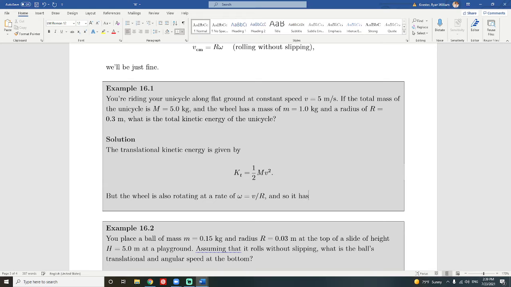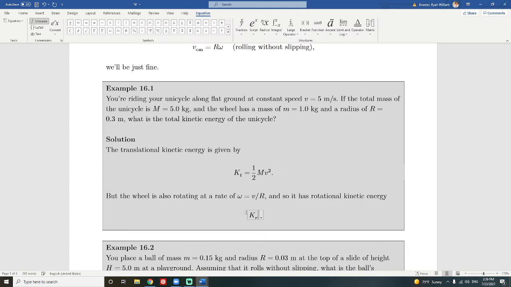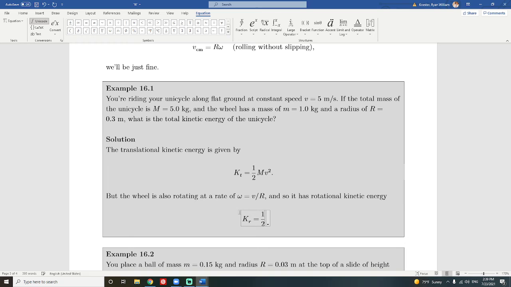And so it has rotational kinetic energy, K sub R, right, by our convention for the notation. And it's just 1/2 big I omega squared. Now, for a wheel or a tire, especially a bike or unicycle tire, we can probably just approximate that as a hoop or a ring, right?